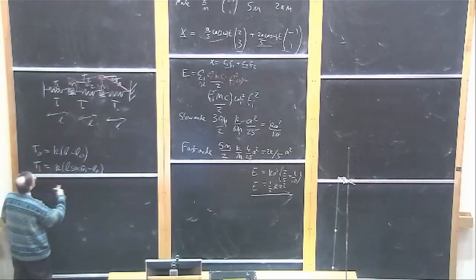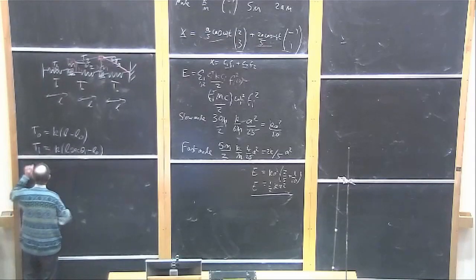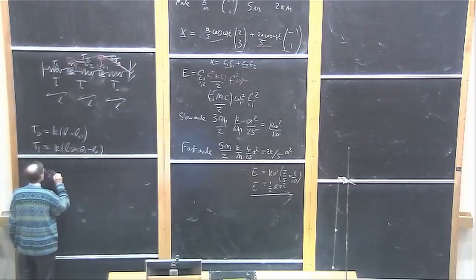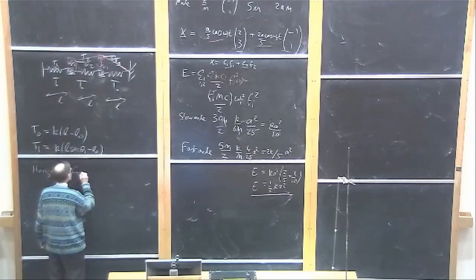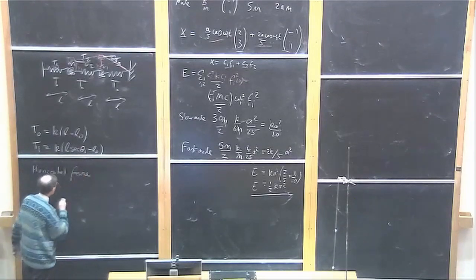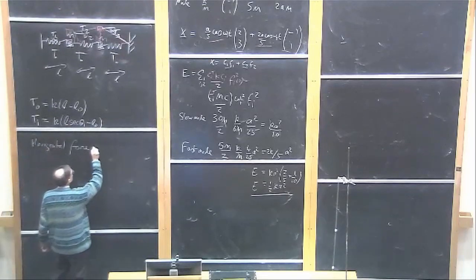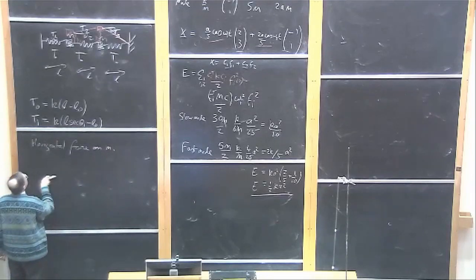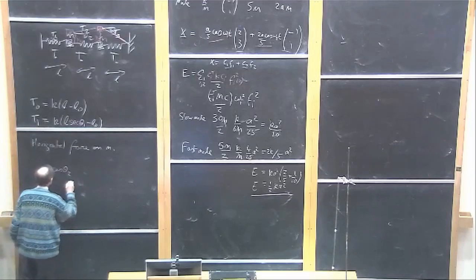So let's have a look at the horizontal force on the mass M1. Because if I'm assuming that the masses move vertically only, this horizontal force must vanish. And we'll find that it doesn't quite, but it is quite small. Horizontal force on M1 is T2 cos theta 2.